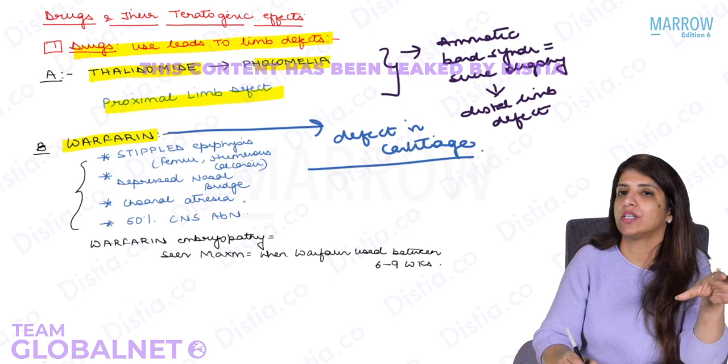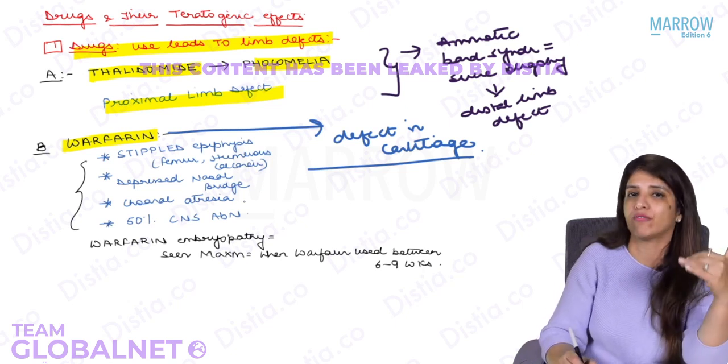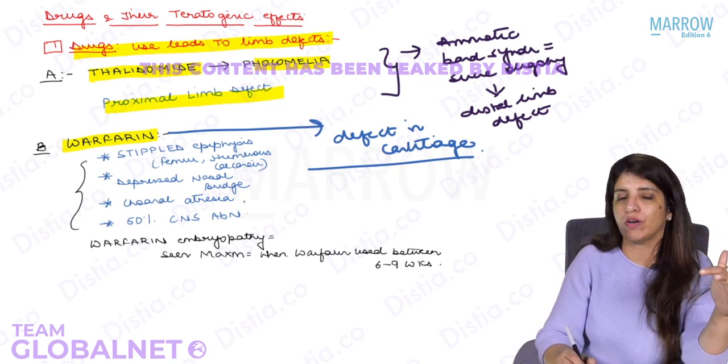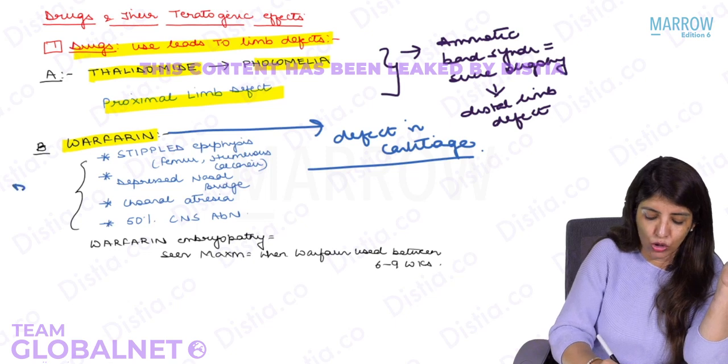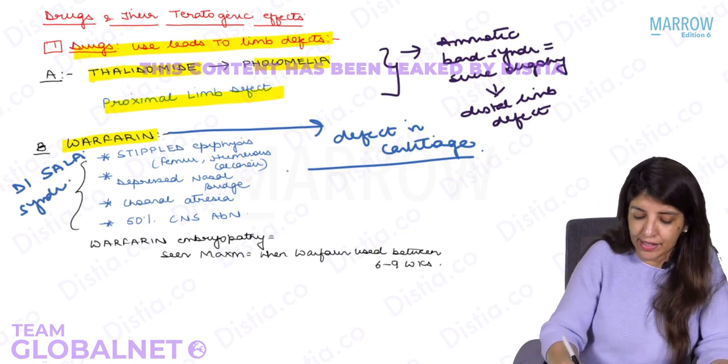Why I have included it in limb defects is because you will be shown an x-ray of the limbs and you will have to recognize warfarin embryopathy. The name for warfarin embryopathy, it is also called de Sala's syndrome, or chondrodysplasia punctata.